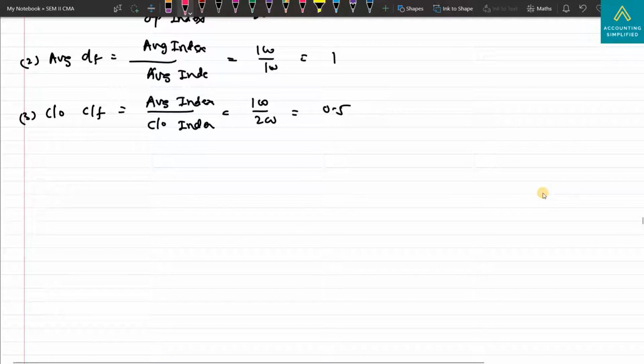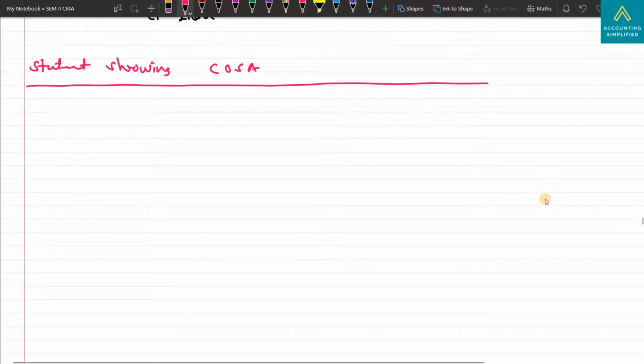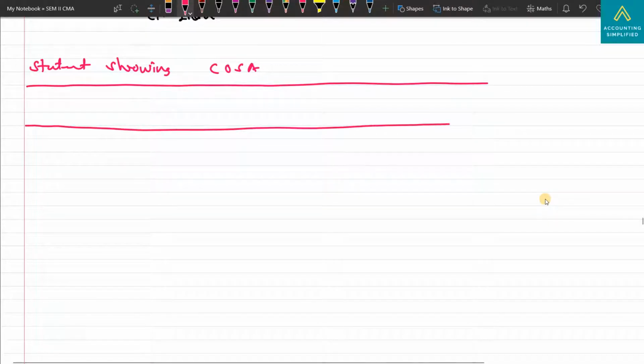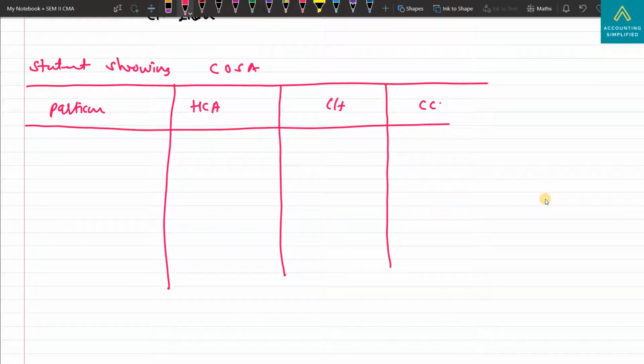So write down the statement showing COSA, cost of sales adjustment, and you know what to draw. So particulars, historical cost accounting, the amount we will write, conversion factor and CCA method.